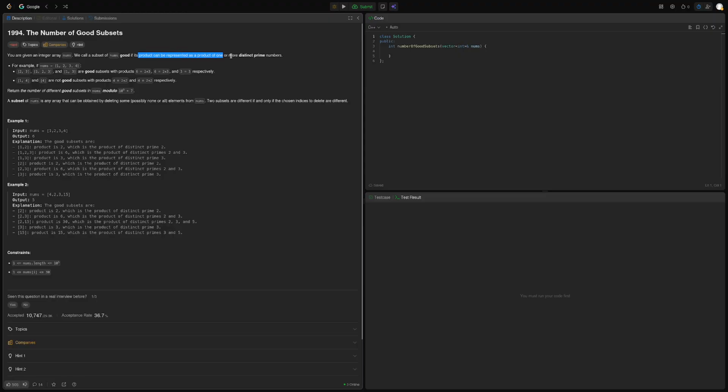Okay, so are the values unique themselves? We know what a subset is. It's not written there.